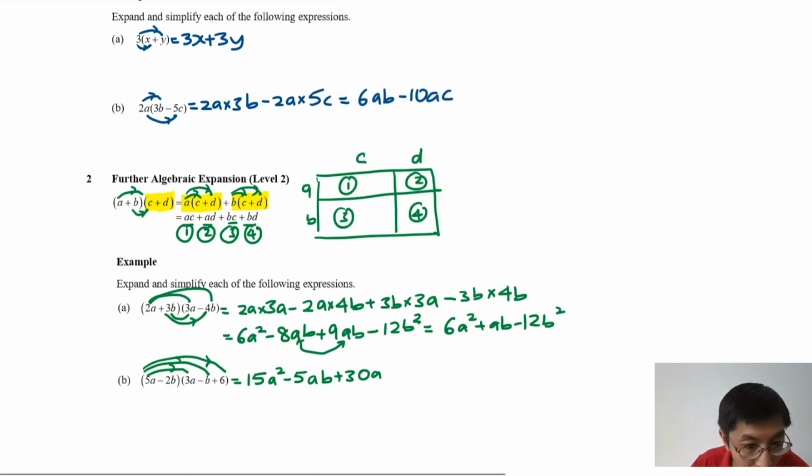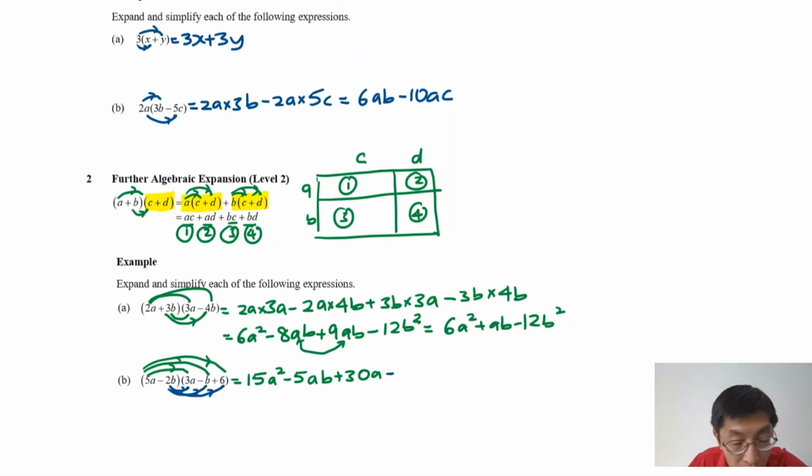The second expansion comes from -2b multiplied to the rest of the terms in the second factor. So this will be -2b times 3a, so that will be -6ab. Then -2b times -b, so this becomes a plus 2b squared. Last but not least, -2b times 6 would be -12b.